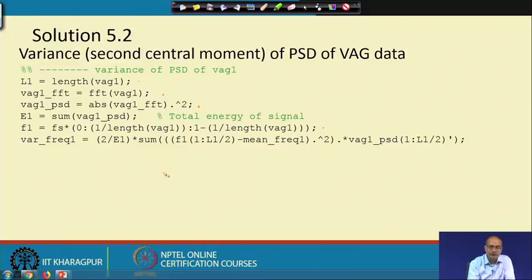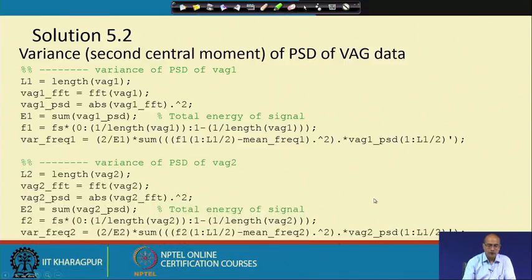Now, for the variance we make use of the mean frequency, we take the difference of the frequency at that point with respect to the mean and take the square of it and multiply point by point with the PSD, and again we are looking into half of the PSD, that is the positive part of it. Okay. So, we repeat the same thing for VAG 2 and we get the variance.